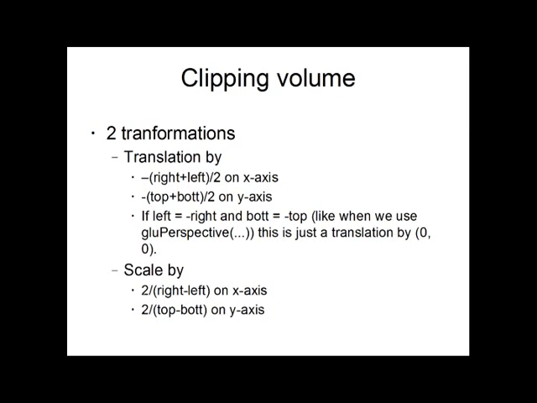Then we want to scale by the width, or basically scale by 2 divided by the width. So the width that was originally will now be 2 wide, meaning it ranges from -1 to 1, and the same on the y-axis. So we're going to make translations and scales in order to take the window that we're interested in on the near plane and set it up so that it extends from -1 to 1 rather than from left to right or from bottom to top.